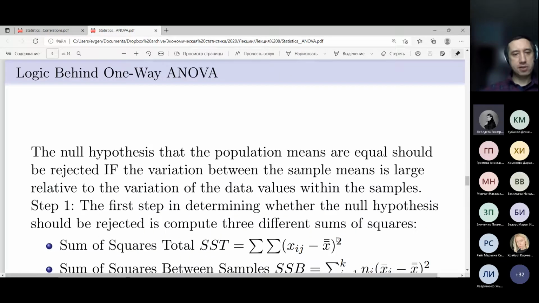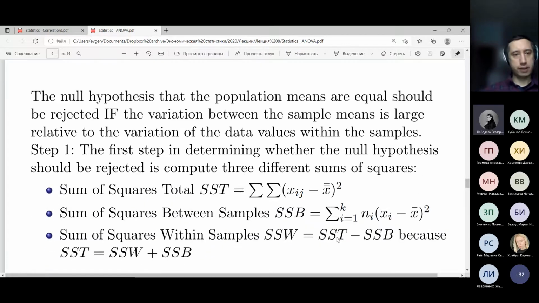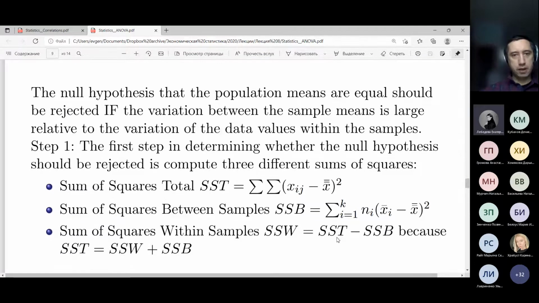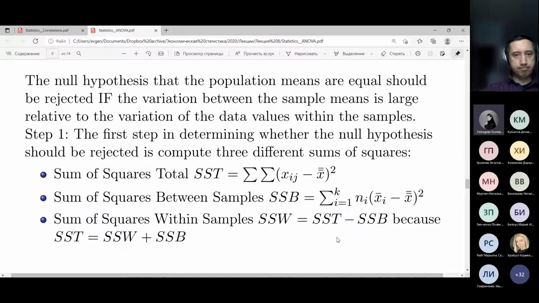And next, we can run the ANOVA itself. What is the logic of ANOVA? Well, first, the idea is the following. The null hypothesis that the population means are equal should be rejected if the variation between sample means is large relative to the variation of the data values within the sample.